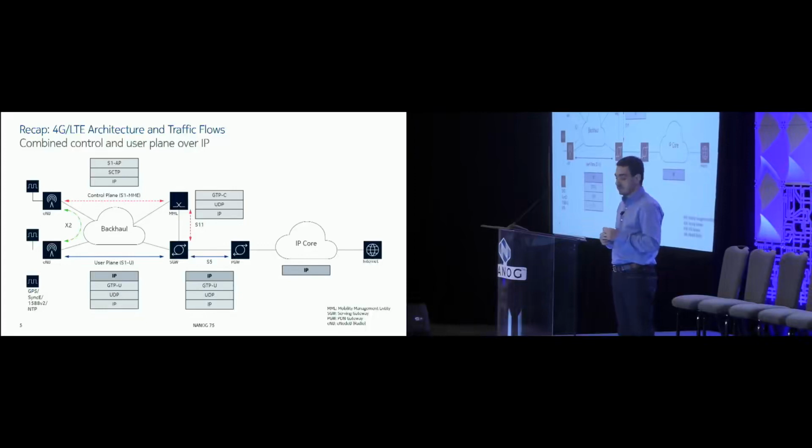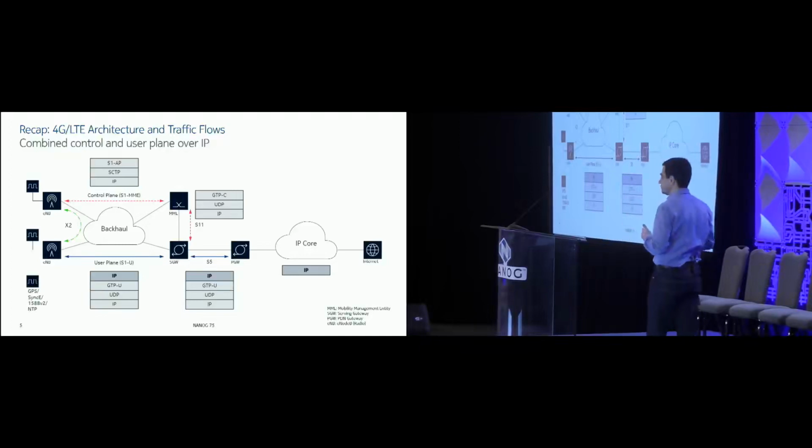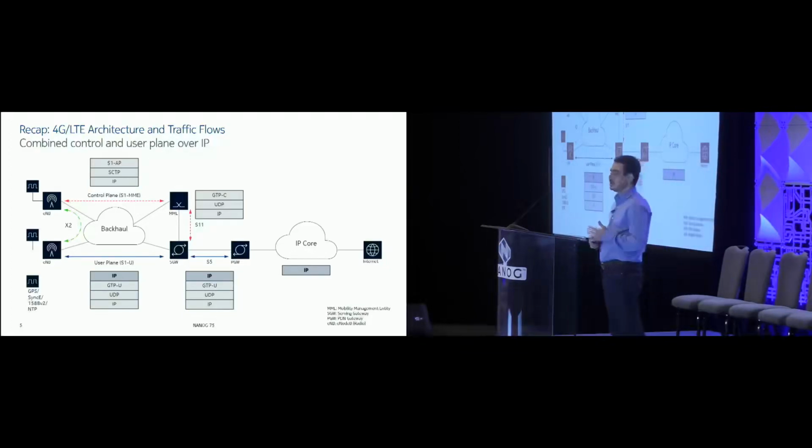The other element that I wanted to mention is that because mobile networks allow you to move between different radios, you actually need to have those radios synchronized. So there's synchronization going on between all of these radios, and there are different methods for synchronizing them. Many of these radios use NTP for synchronization, but you can also use GPS. GPS is very widely used.